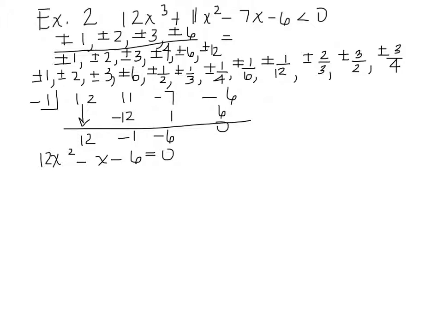And this can be factored. 2 factors of -72 that give you -1. So that's -9x and 8x.